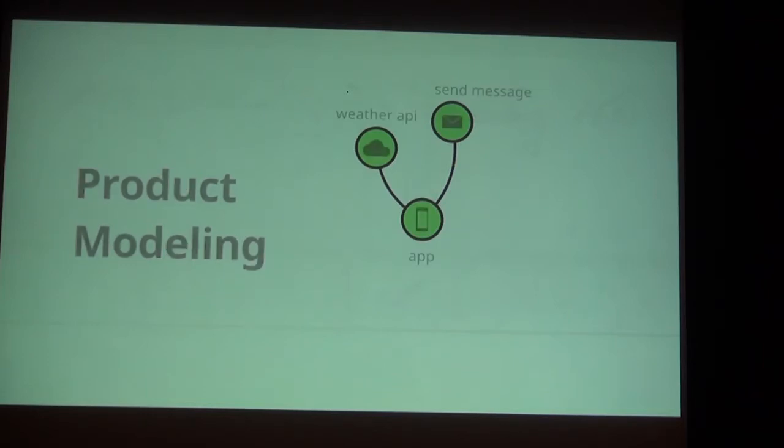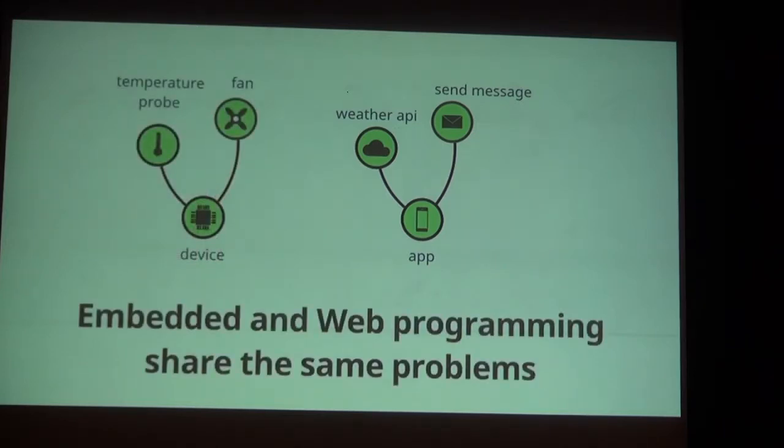So, this problem could be anything. Let's say we have an app for a phone, and that app needs to get the weather. And then, if the weather results come back, we send a message to other devices, let's say. This is a simple problem. This simple problem has similarities to what we deal with in embedded problems.